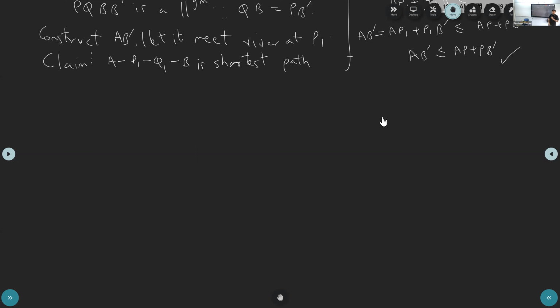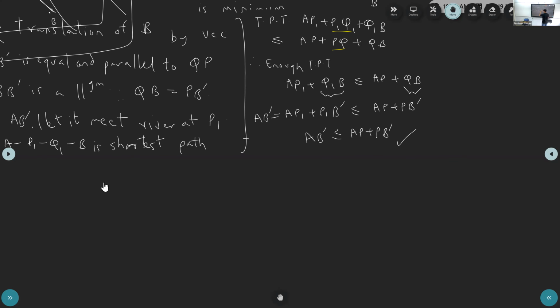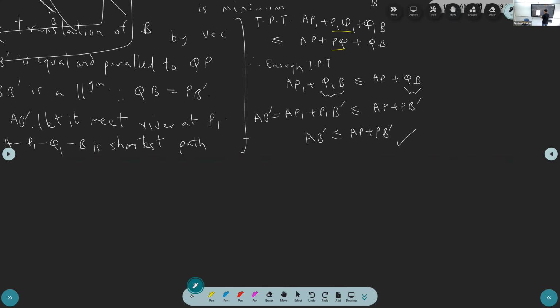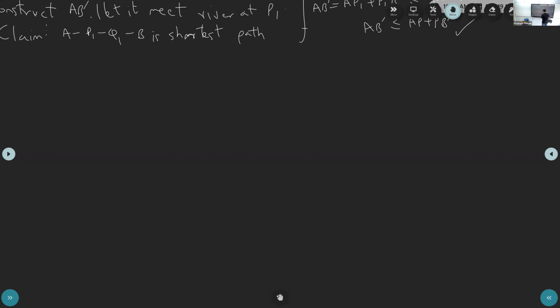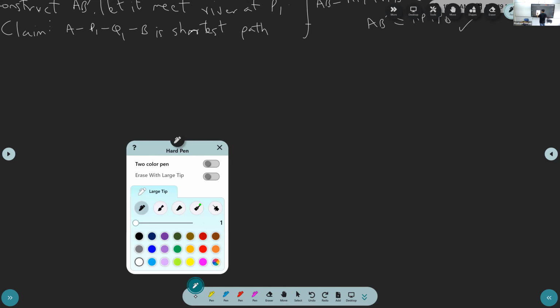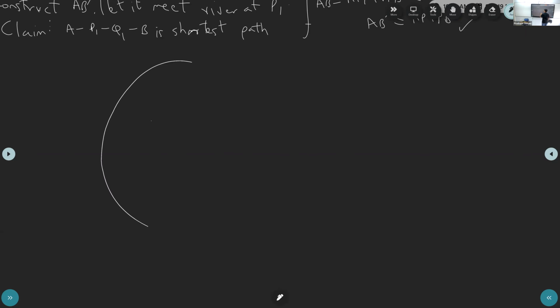But not any quadrilateral. Actually, I need a cyclic quadrilateral. Okay, so this is the diagram. So I'll start with a circle and I'll take 4 points on the circle.